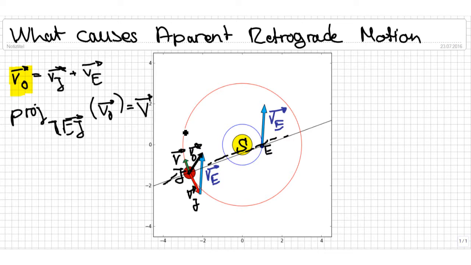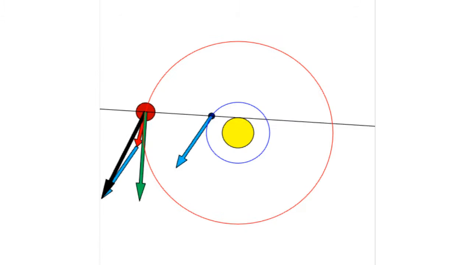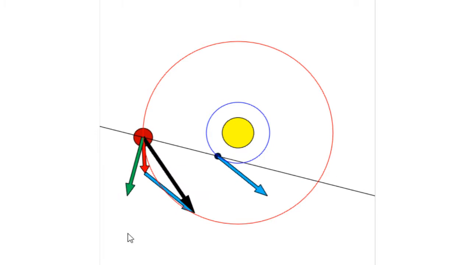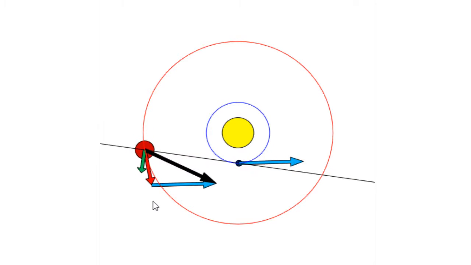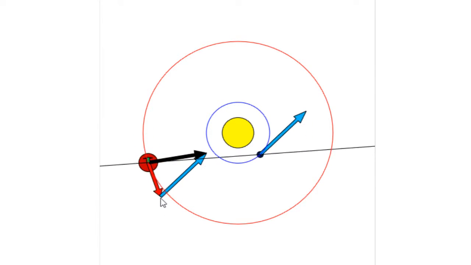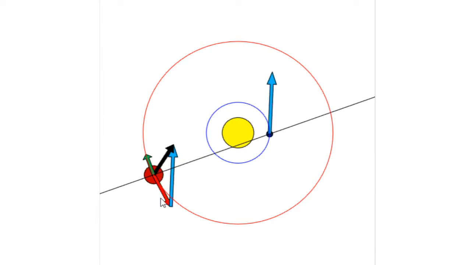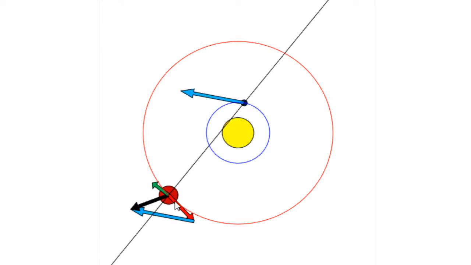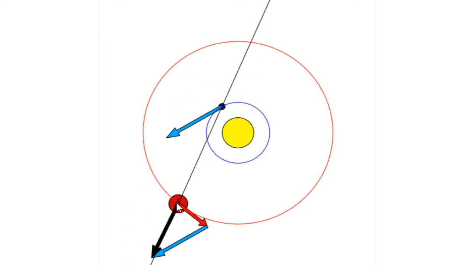So let's see what happens and switch over to a little animation of exactly this picture. If we consider the animation of the picture I just showed you, we can see that there are instances when the velocities add up and instances when they subtract each other. Right now, for example, they subtract each other, and we can see it appears to move backwards.